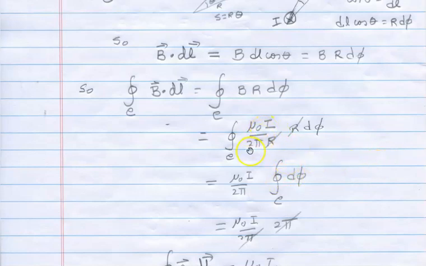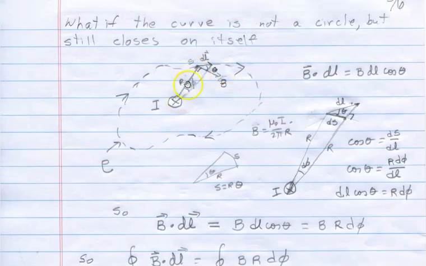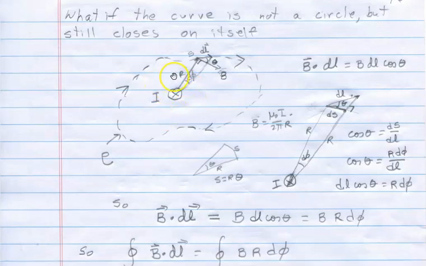And then mu naught I, I've got a steady current, over 2 pi, pull that outside. And now it's just an integral all the way around that curve of the angle d phi. So if I start at some point, maybe straight up, as 0 phi, and go all the way around this curve, the angle will go from 0 to 360 degrees, or 2 pi radians.